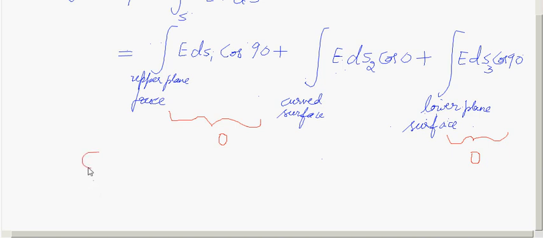So the flux is equal to the integration of E into ds2. And we know the surface area of a cylinder is 2 pi RL.